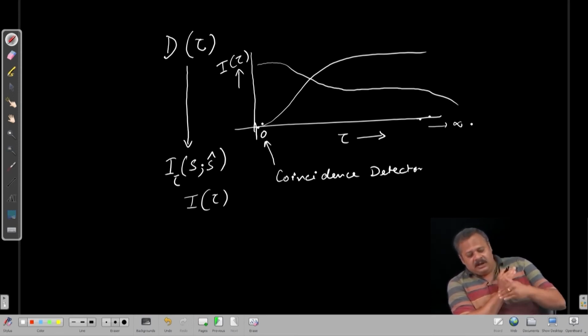In another example, we will see later on that this coincidence detector can also be thought of in another way, that is, the neuron responds only when it gets coincident inputs from two synapses.